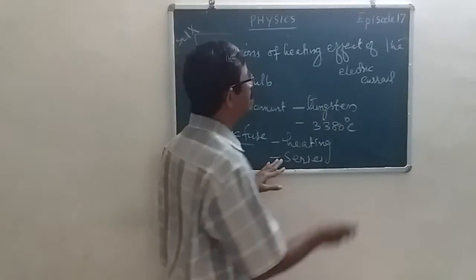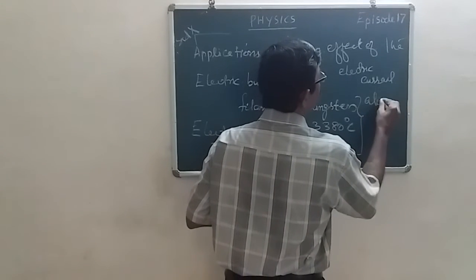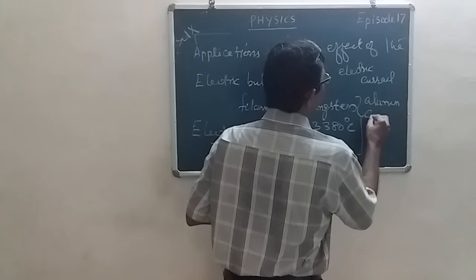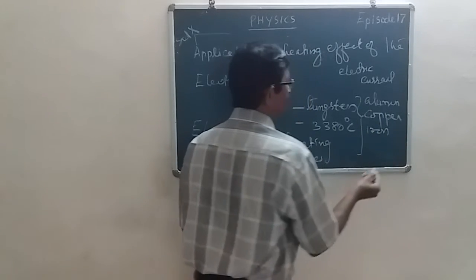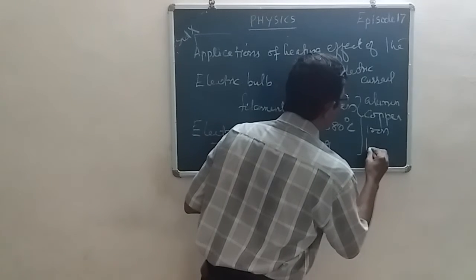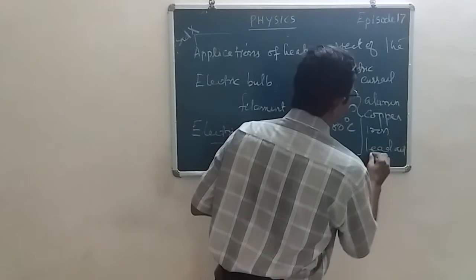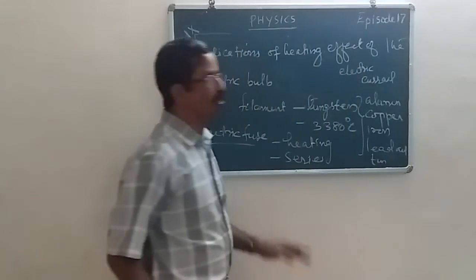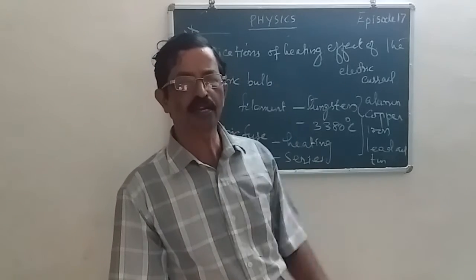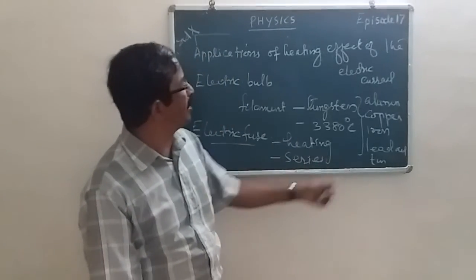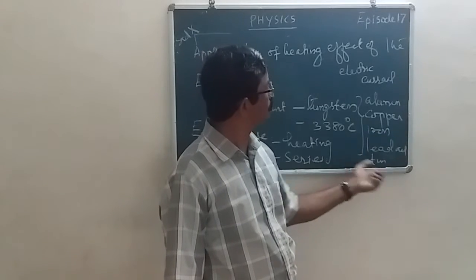Normally we can make fuse wire using aluminum, copper, iron, lead and tin. In our household circuit, we make use of an alloy of lead and tin as fuse wire.